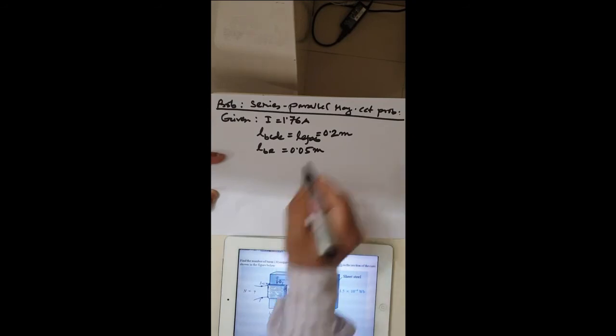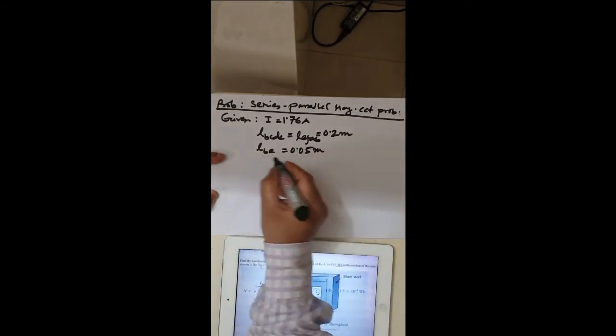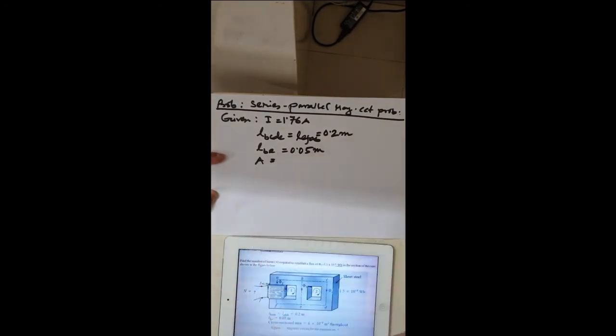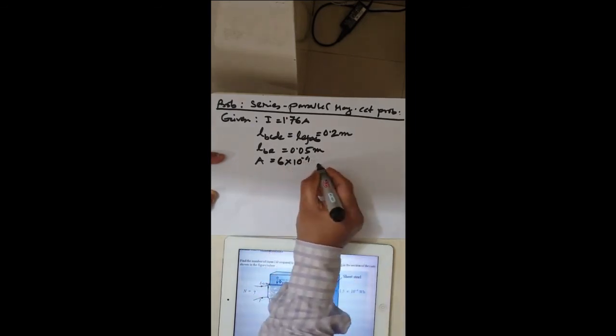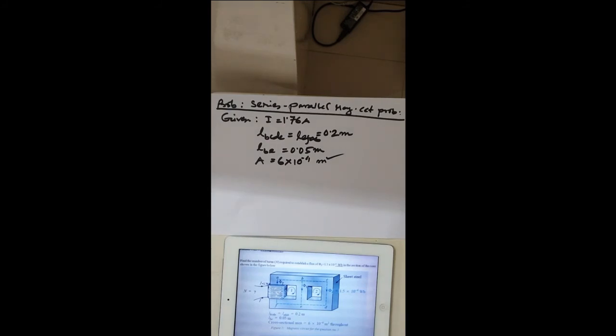The cross-section area A is given as 6.6 × 10 to the power minus 4 square meters. These are the parameters given here.